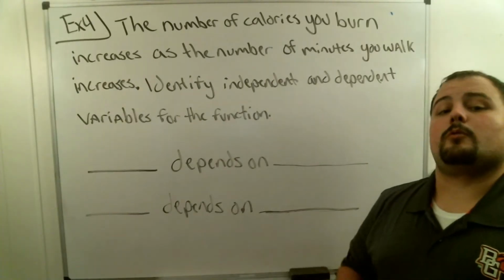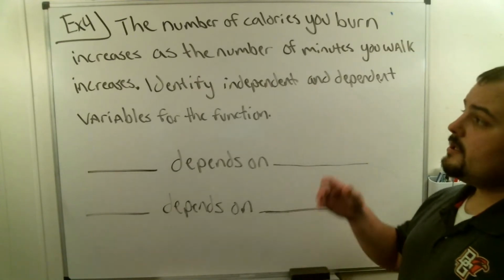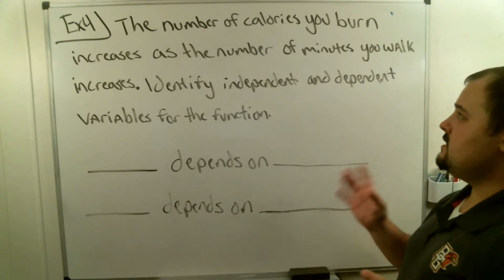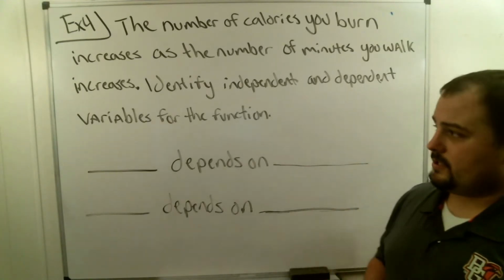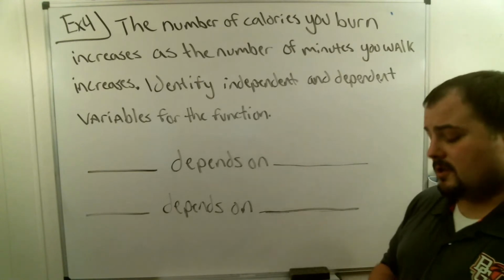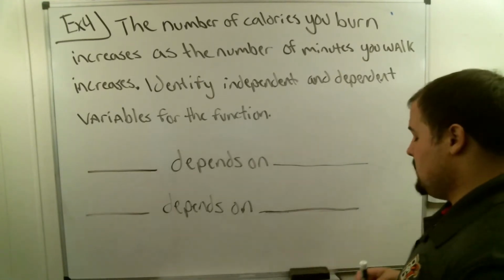In example 4, we're going to do another independent and dependent variable situation. So in example 4, it says the number of calories you burn increases as the number of minutes you walk increases. Identify the independent and dependent variables for this function. So what we have to do first is identify the two different things that are happening in this function.